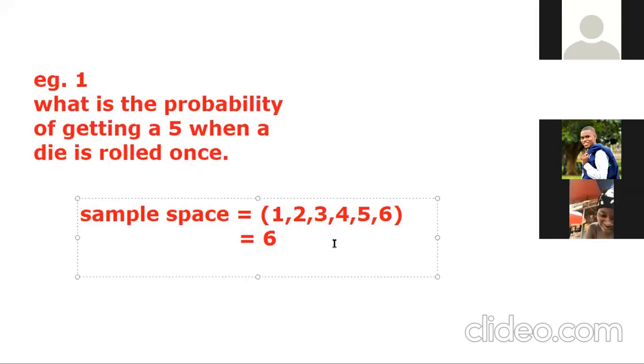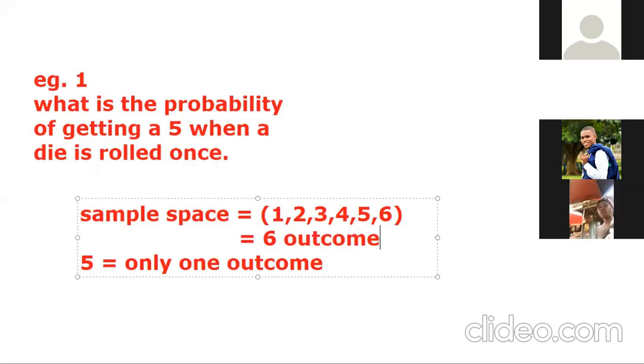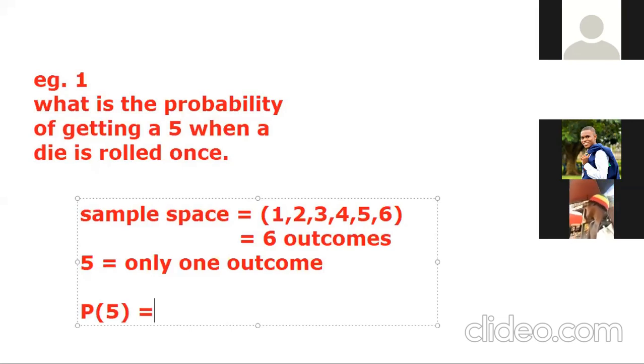Now we are looking for the probability of getting a 5. And that 5 is only one outcome. So the sample space is 6 outcomes, and getting a 5 is only one outcome. Therefore, the probability of getting a 5: I've represented E with 5.